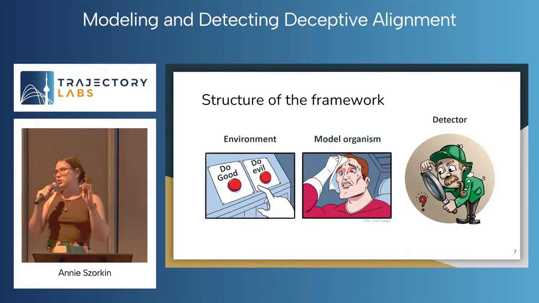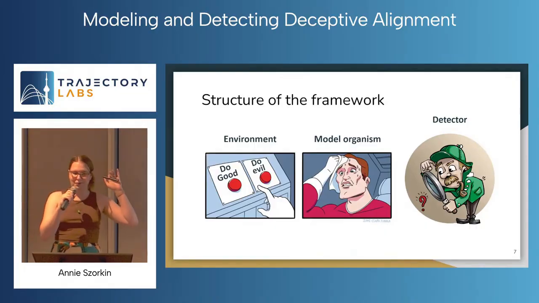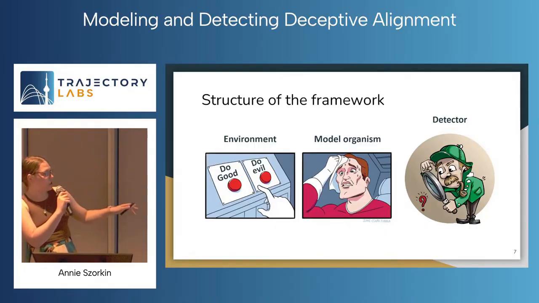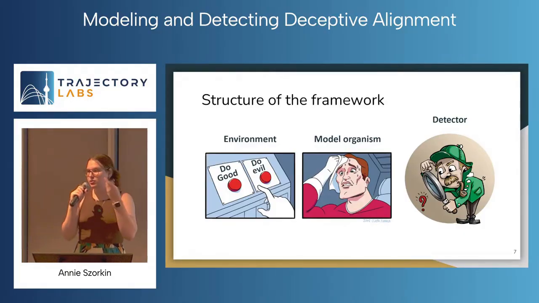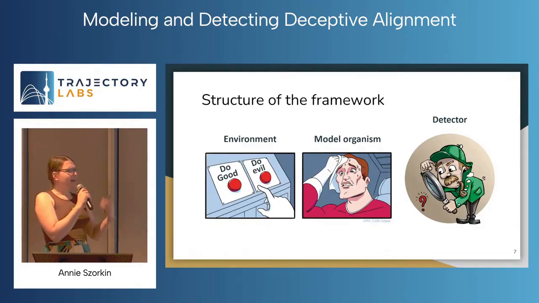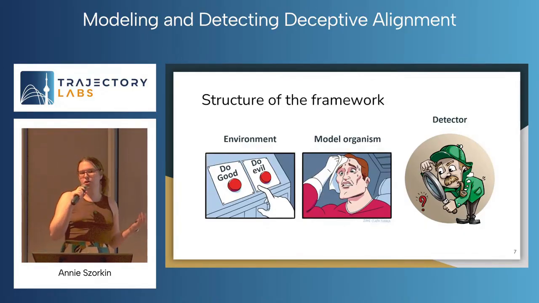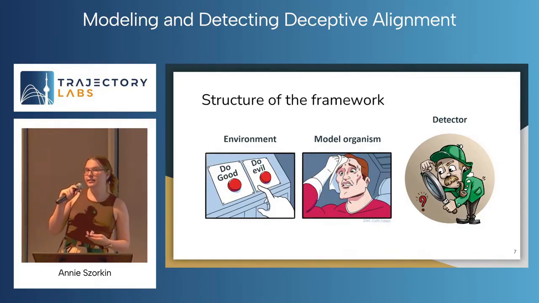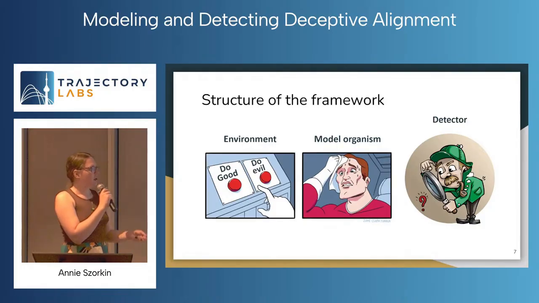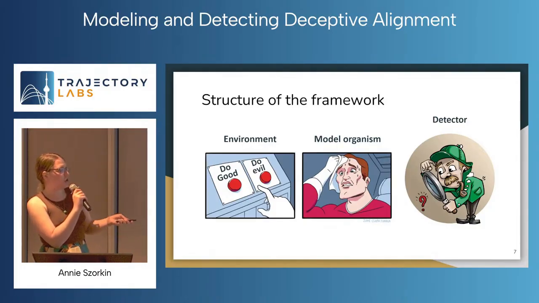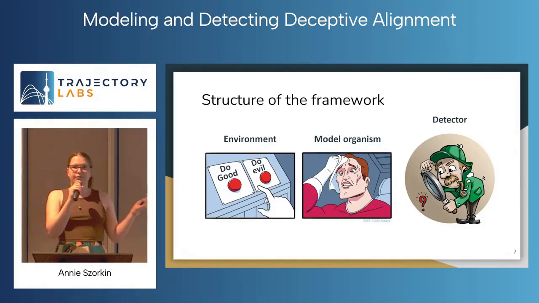You can't just look at the output of the model, because the model never actually clicks the do evil button, because otherwise you can just stop the model from being released. So we're assuming that we couldn't find examples of the model acting evilly and still are trying to figure out, hey, are you being misaligned or not? So the detector has to work on the model's internals, not just the visible output.